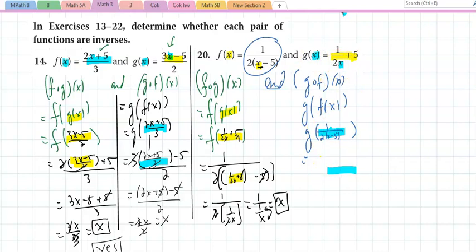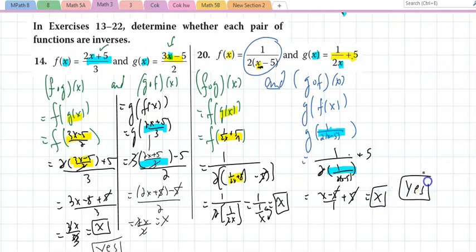So the 1 over 2. In place of x, you're going to use 1 over 2 into x minus 5 plus 5. That's going to be, those two cancel out. 1 over a fraction is the reciprocal of the fraction. So the reciprocal of 1 over x minus 5 is x minus 5 over 1. And you notice those cancel out, and you are left with x. So yes, those are inverses.